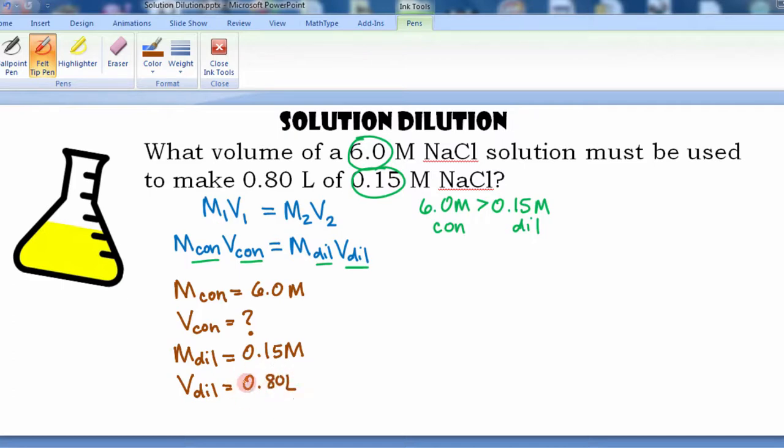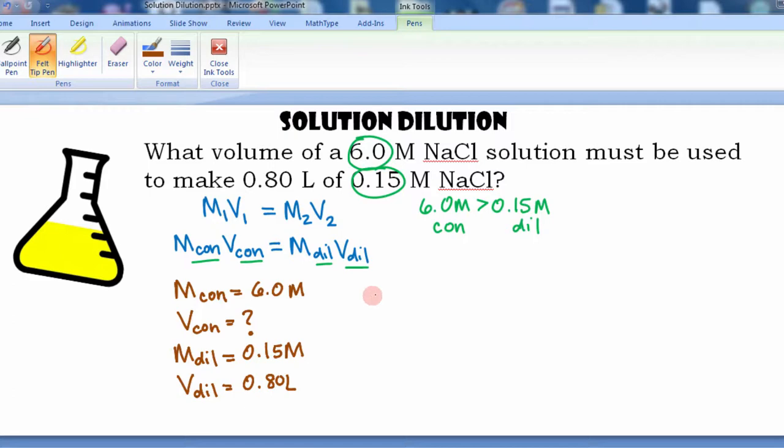So we know this is the dilute solution because our volume has increased, so we have more volume than the concentrated solution.